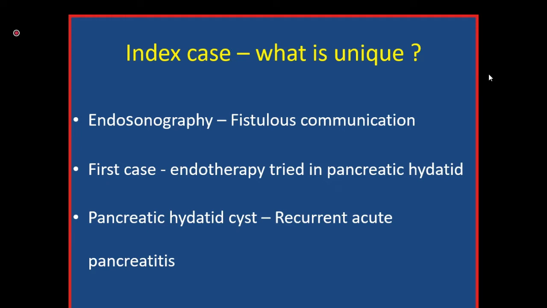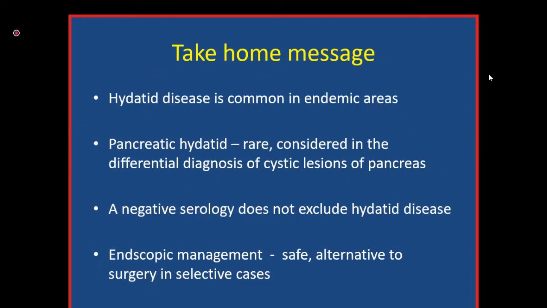We should consider hydatid disease in the pancreas in cases of acute pancreatitis, or even chronic, in the background of a cystic lesion. It comes under one of the differential diagnoses. As this is an endemic area, we should always keep this possibility in the back of our mind.